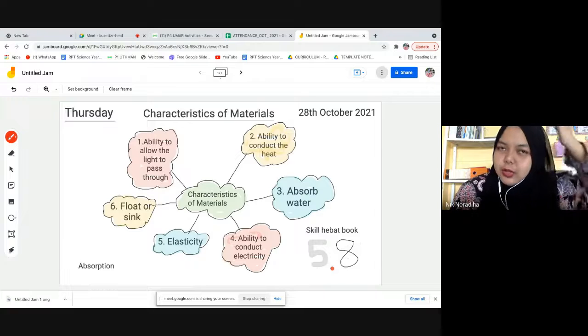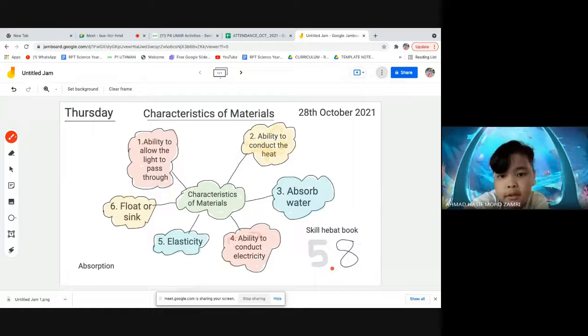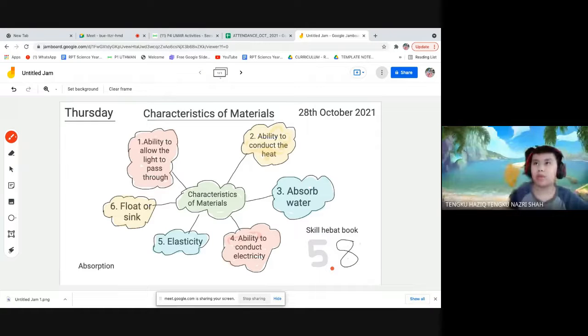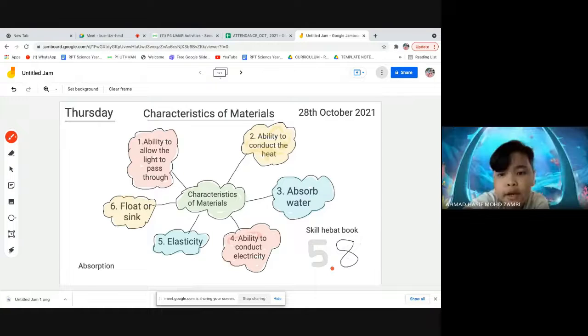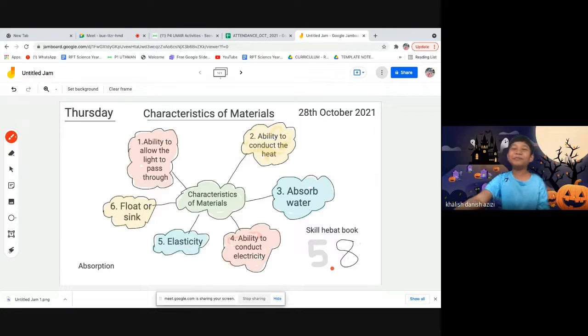Okay, so teacher hopes that when you go to your hometown, you have fun and take care of yourself. Don't shake hands with other people, so you don't get COVID.